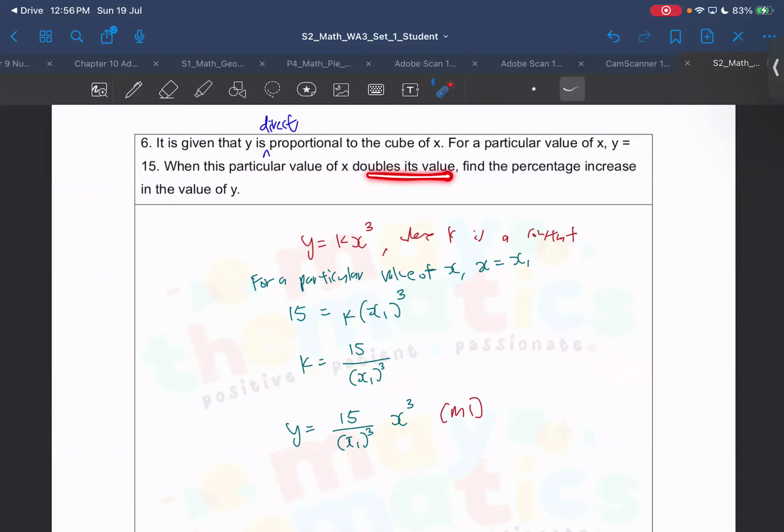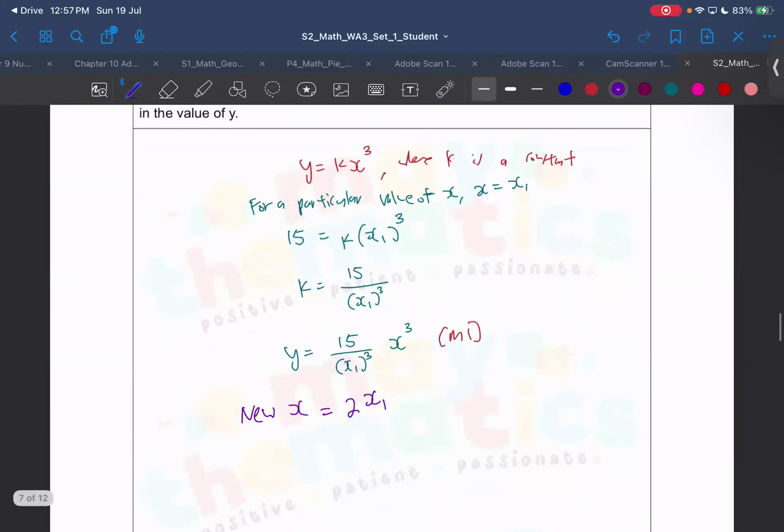If previously my x is x1, after it doubles, it will become what? Xavier, what is double? Times 2. So it becomes 2x1.